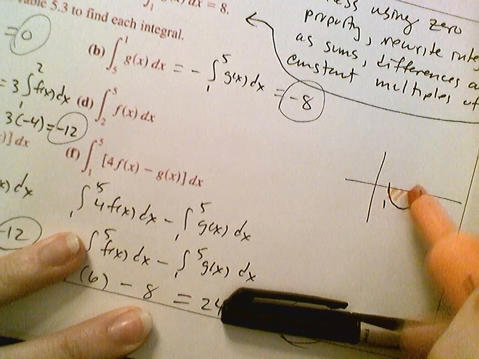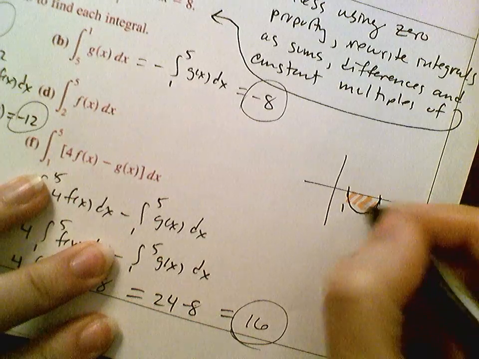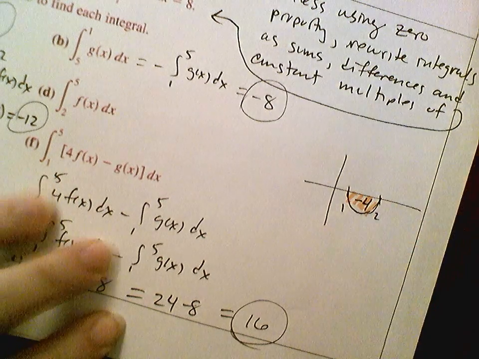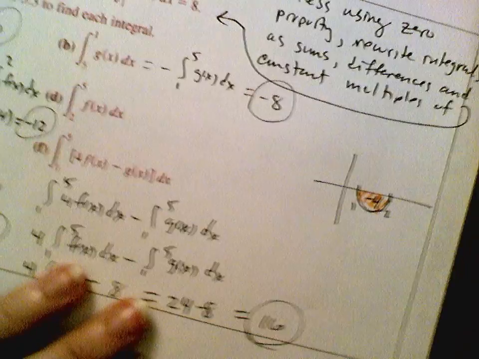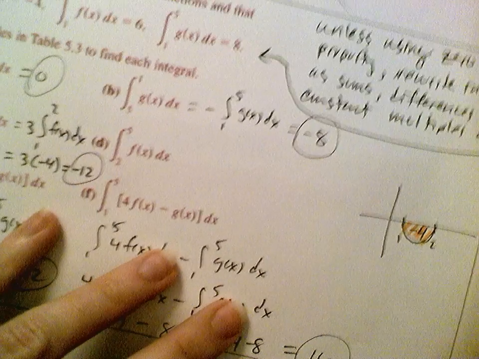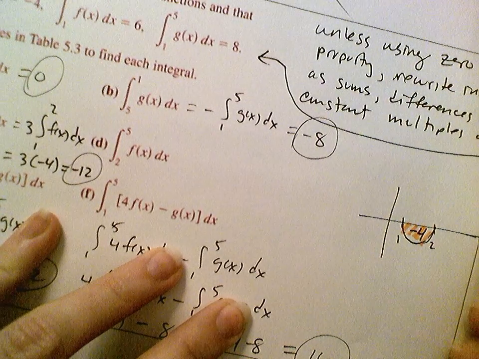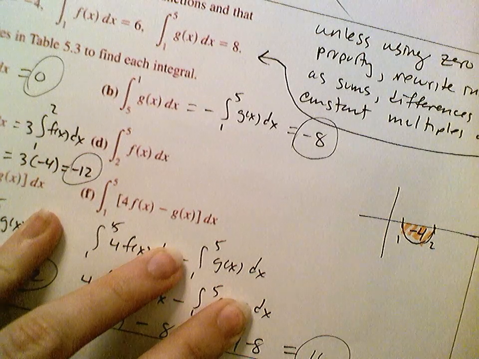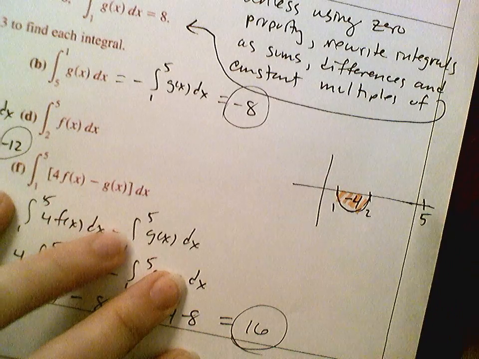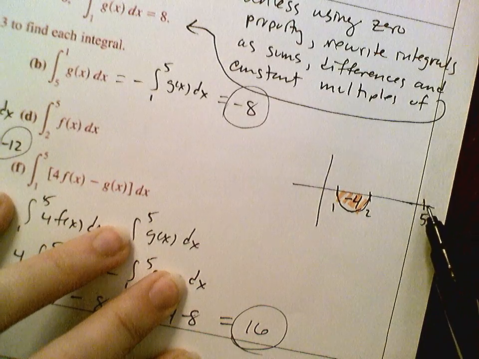Okay, I'll color that. So that area is, let's say, -4. And then from 1 to 5, I'll say that 5 is out here. We know that the area from 1 to 5 is 6.